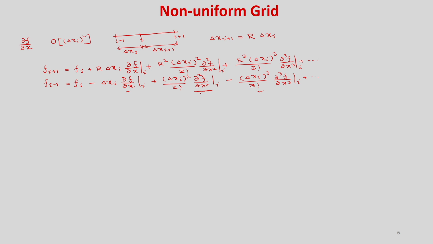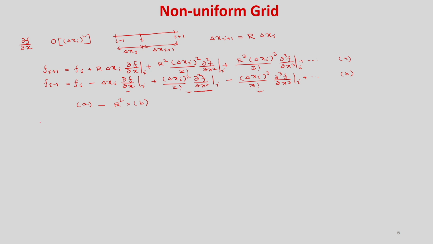So, to do that, if you multiply the second equation, this is your A and this is your B, the B equation you multiply with r square and subtract it. So, what you do? You use equation A minus r square into equation B. Then this term will get cancelled.